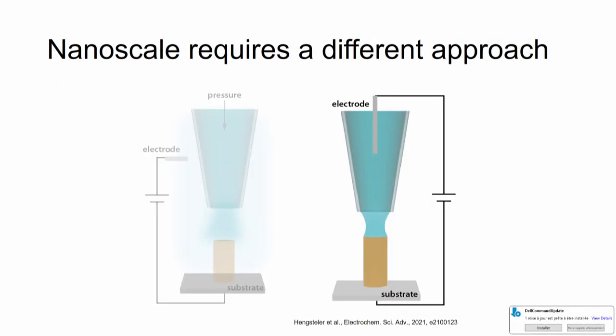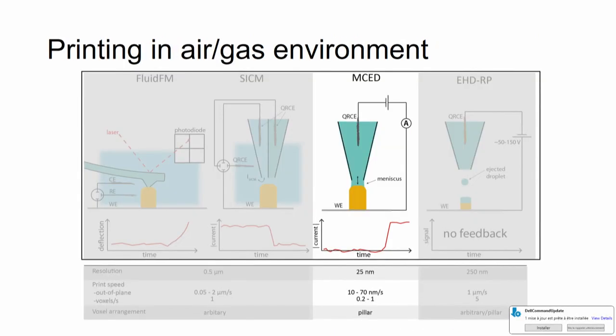So if you want to fabricate truly small things, you probably have to consider another approach. So something like this droplet cell configuration. In this case, you equip your system with a counter reference electrode in your nozzle, you apply a potential, you bias your working electrode, and then basically your job is just to make sure that the tip is retracting together with the growing structure underneath.